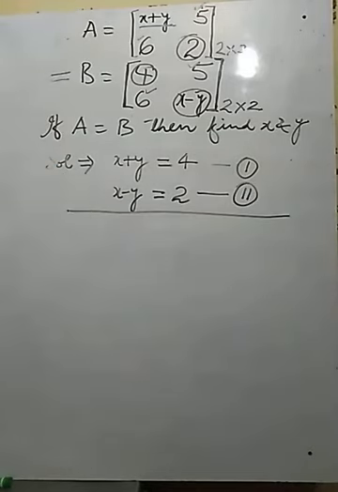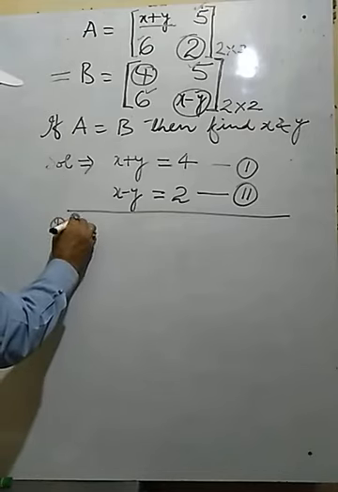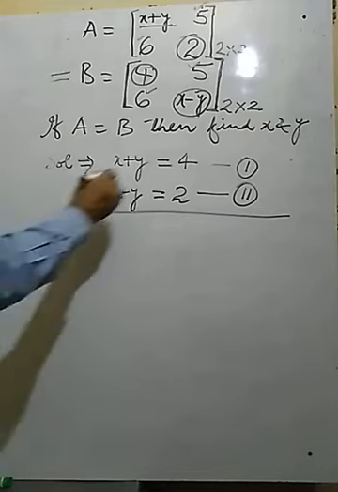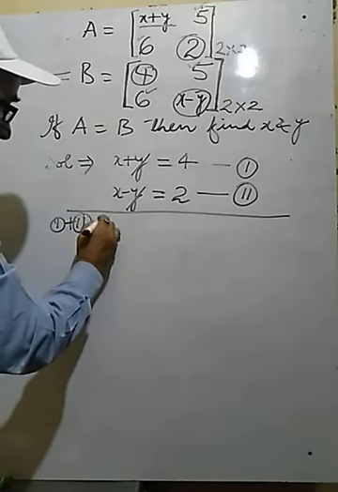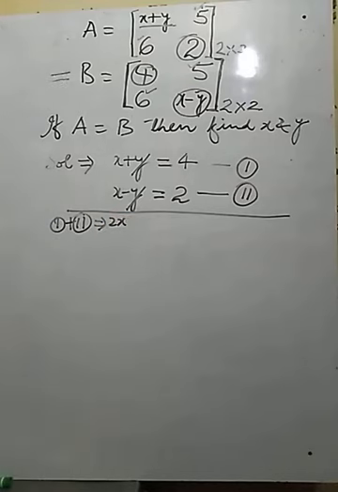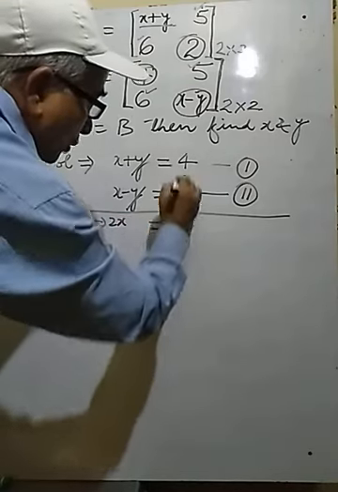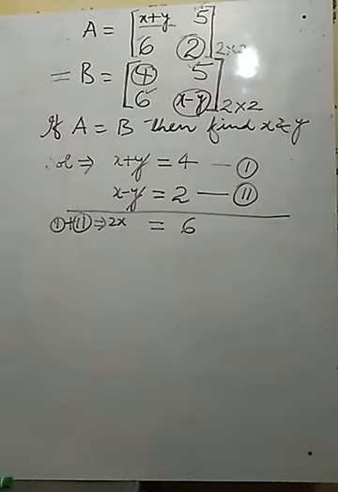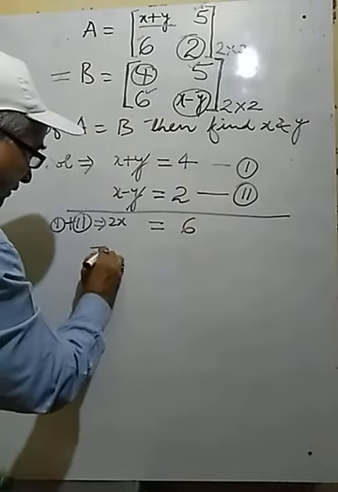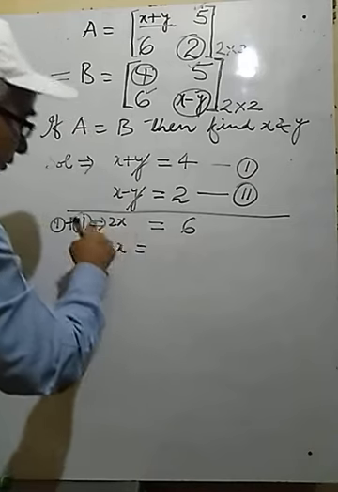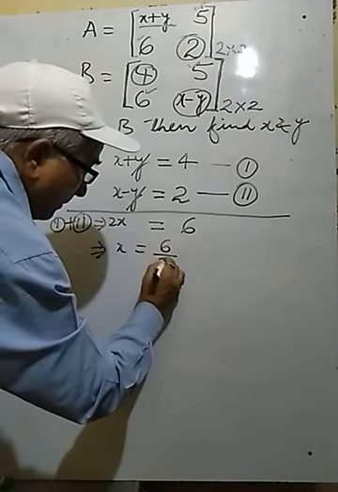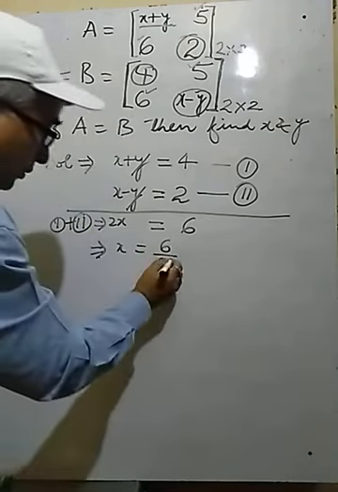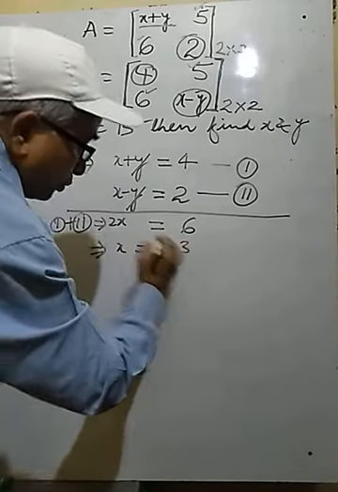If you add 1 and 2, what will happen? The y terms will cancel, because the same thing is plus and the same thing is minus. 1x and 1x give twice x equal to 4 plus 2, that is equal to 6. This implies 2x equals 6. The 2 will be transposed to the right hand side, so it will be in division: 6 divided by 2, and 2 threes are 6.